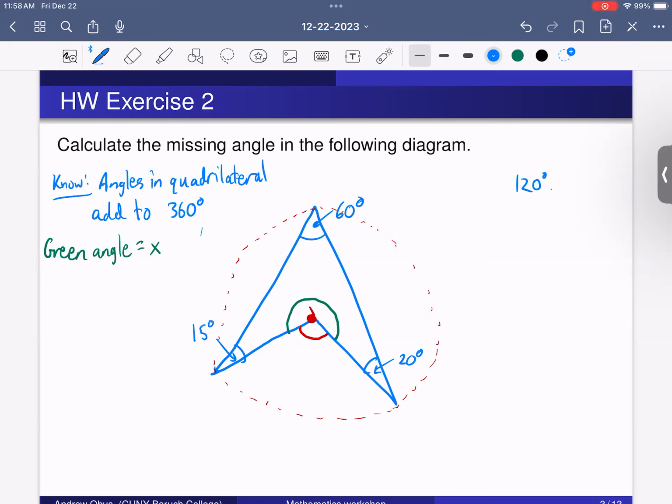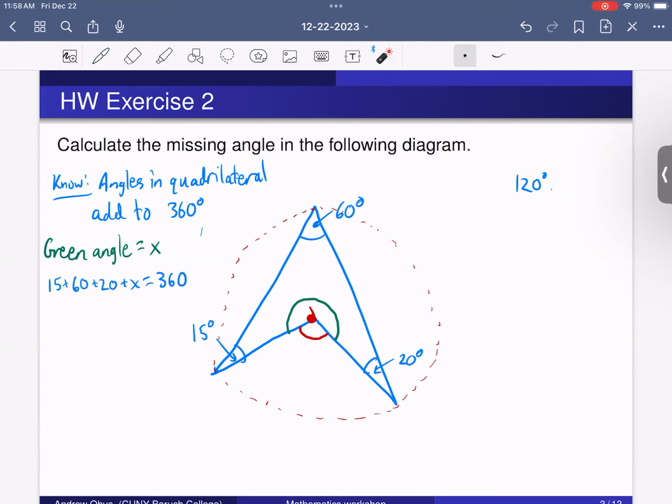So let's say to find the green angle, which is the X, we say the 15-degree angle plus the 60-degree angle plus the 20-degree angle plus X is equivalent to 360. So we know everything adds to 360.